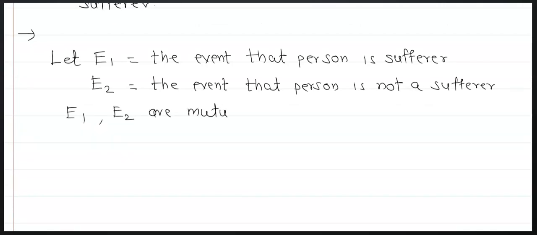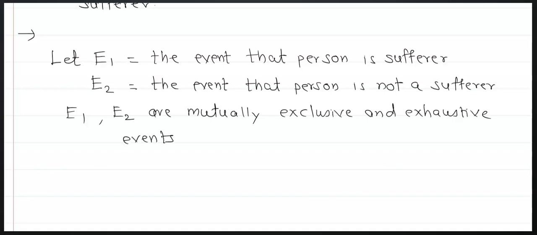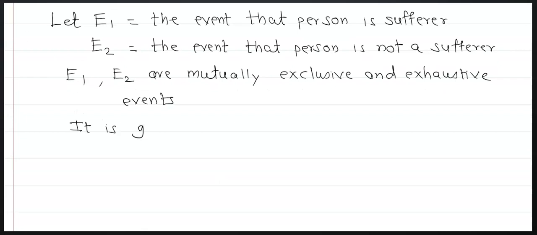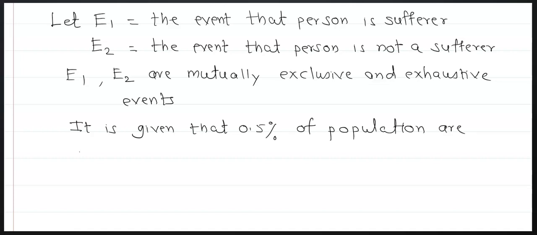E1 and E2 are mutually exclusive and disjoint events. It is given that 0.5% of the population are sufferers.